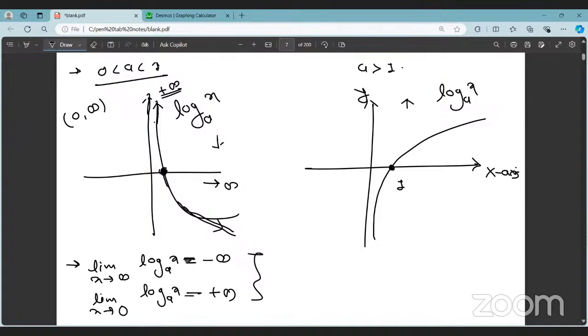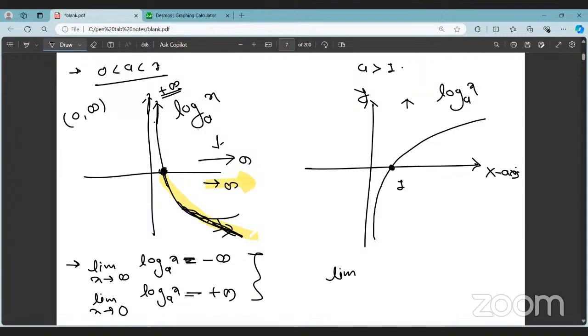Could you please tell once again the limit, the two things, how you thought of it? See, as x goes to infinity, we observe that our graph is going more decreasing.